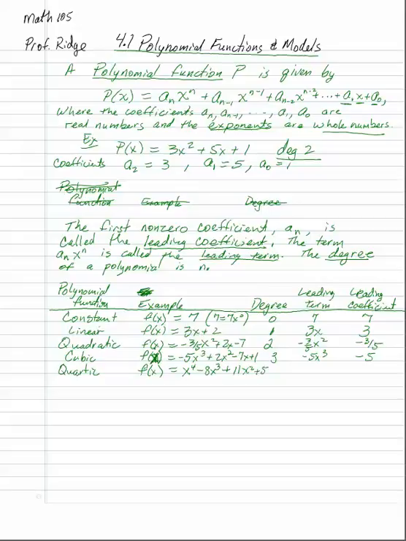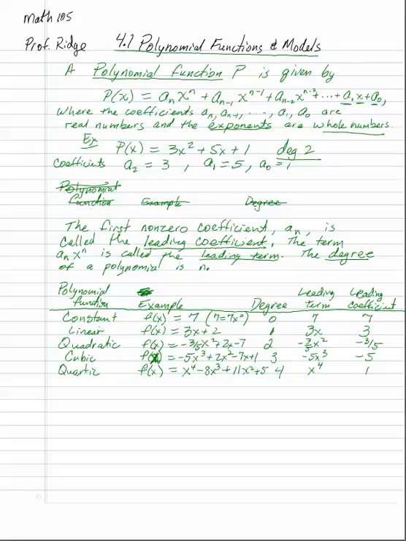I'll leave out the x because I'm running out of room, but it doesn't matter. So the degree would be 4. The leading term would be x to the 4th. The leading coefficient would be 1. Okay, and then any degree higher, you would just say it's a polynomial of degree 5, degree 6, whatever.